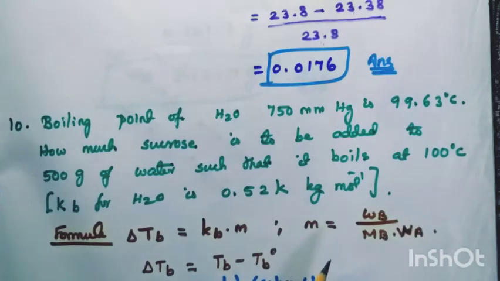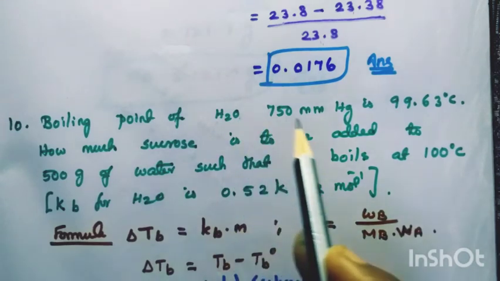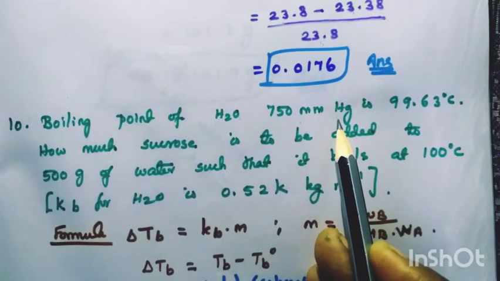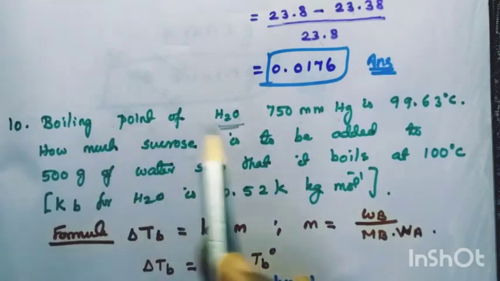And the next problem we are going to see is elevation of boiling point. By using the elevation of boiling point formula, we are going to see the next problem. Depression of freezing point, yesterday we discussed, no? Similarly, this is the elevation of boiling point. So, the boiling point of water is 750 mm of mercury. Water boiling point means TB, solvent, no?